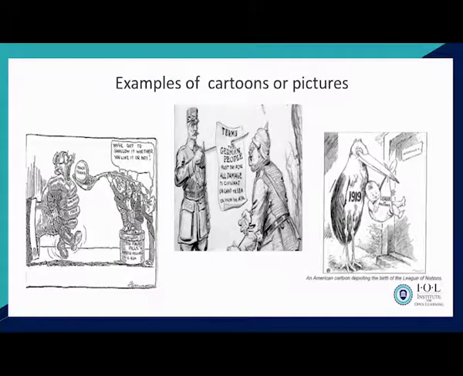So in most cases, it is based on a certain event or topic in history, and what is important for you to remember is that you shouldn't just look at the picture and think that it's only a picture. You have to look at the information that is contained in the cartoon itself, because the information in the cartoon gives you a clue, if I can put it that way.